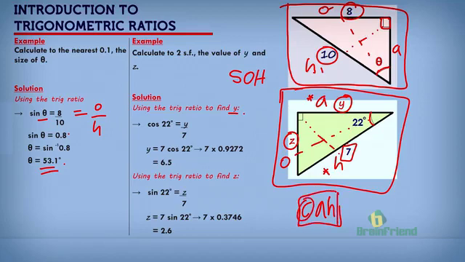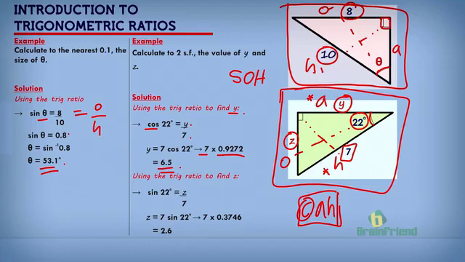So C is our cosine. So we simply say cos of the angle 22 degrees is equal to adjacent over hypotenuse. Our adjacent is y, which is our unknown, and our hypotenuse is 7. So cos 22 degrees is y all over 7. If we cross multiply, y gives us 7 cos 22 degrees. And that is 7 times 0.9272, which gives us 6.5.